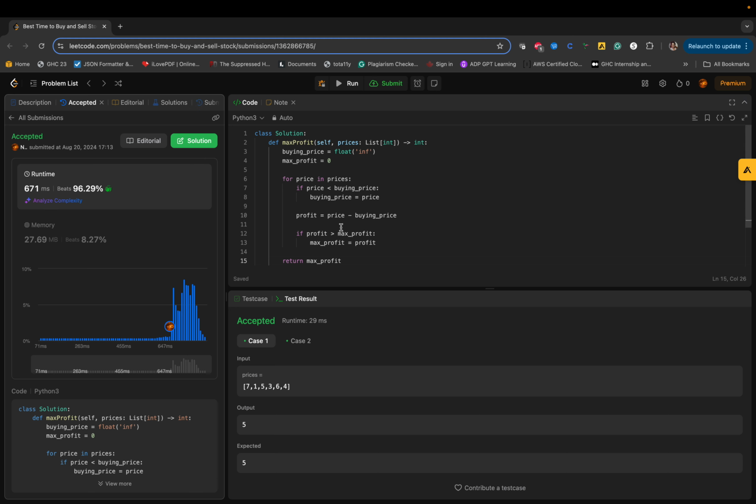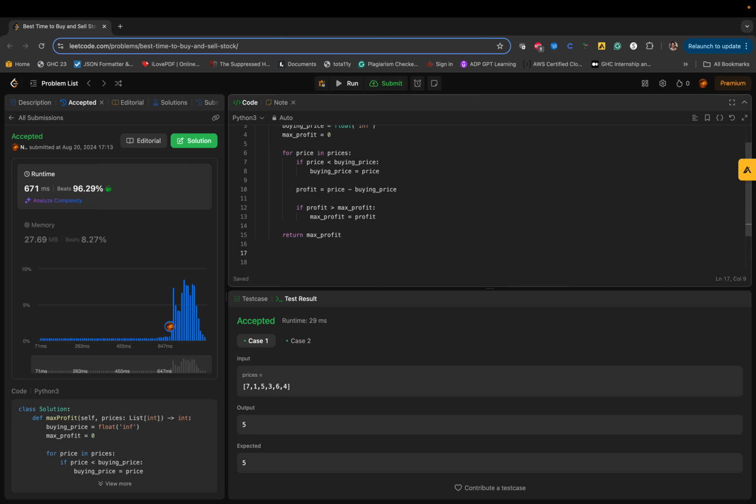If you check the time complexity, we can say that it has a time complexity of n because we are going through the entire list, and space complexity of 1 because no matter what the size of the list, we are only using these two variables, so it will be a constant. Okay, let me write that down as well for future reference.